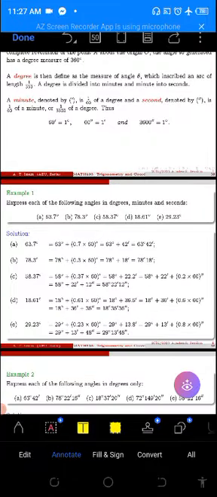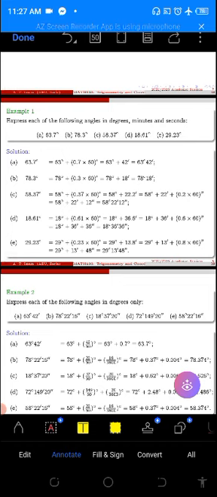We have an example. We are asked to express each of the following in degrees, minutes, and seconds. We keep the whole number as degrees, and convert the decimal part to minutes and seconds respectively, so that the final solution has no decimal point.